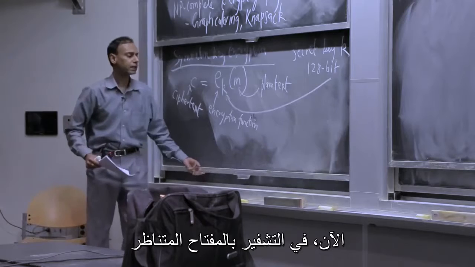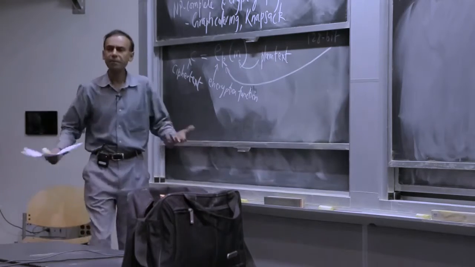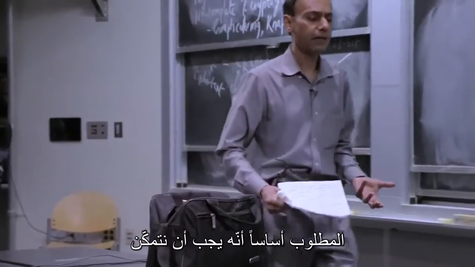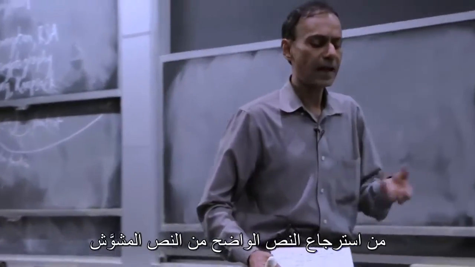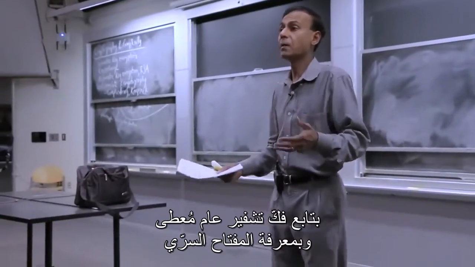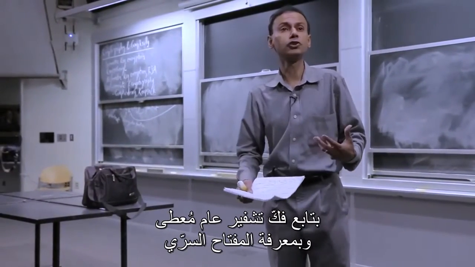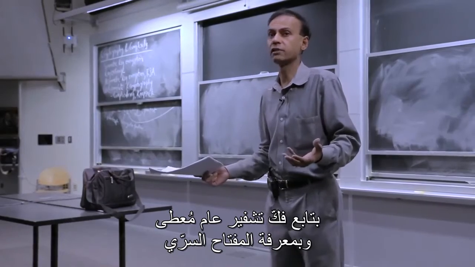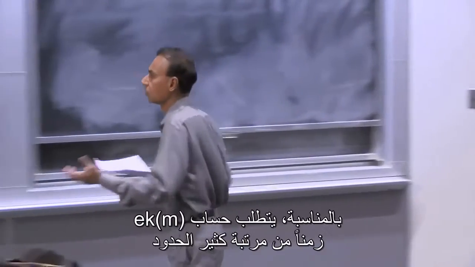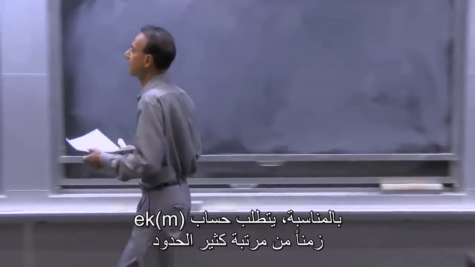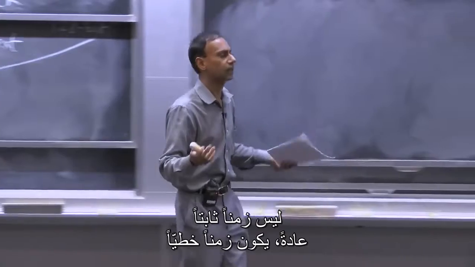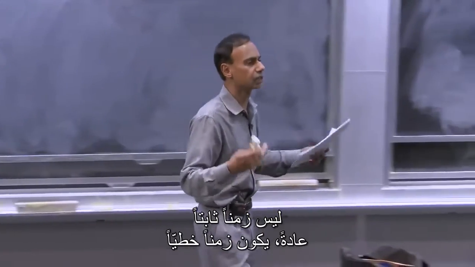Now, in symmetric key cryptography, basically the requirement is that you have to be able to get back the plain text from the ciphertext given a public decryption function and knowledge of the secret key. And this should be a straightforward operation, right? So E of K, M, this is a polytime computation. It's not constant time. It's typically linear time.